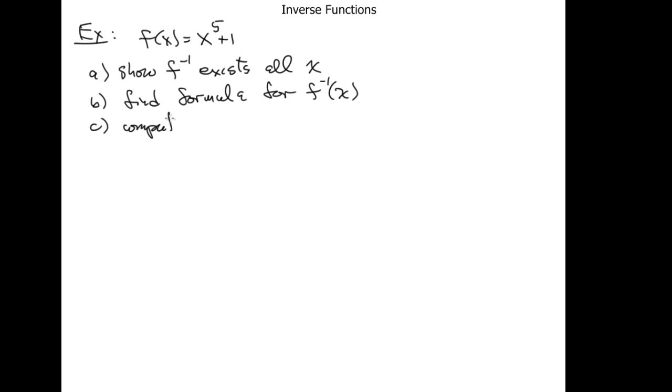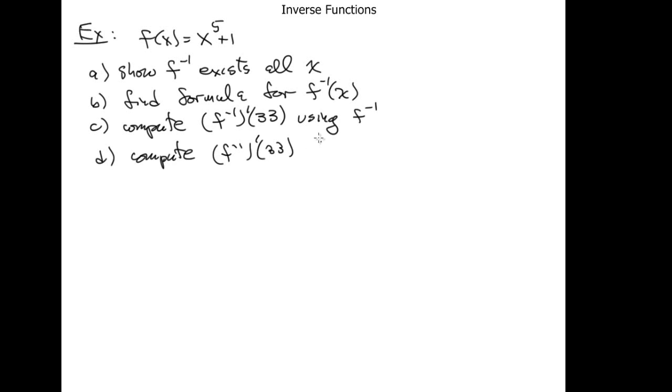Let's compute the derivative of the inverse at the point 33 using this explicit function. And finally, let's compute f inverse derivative at 33 using the theorem, the formula in the theorem. Okay? All right, so let's take these one at a time.